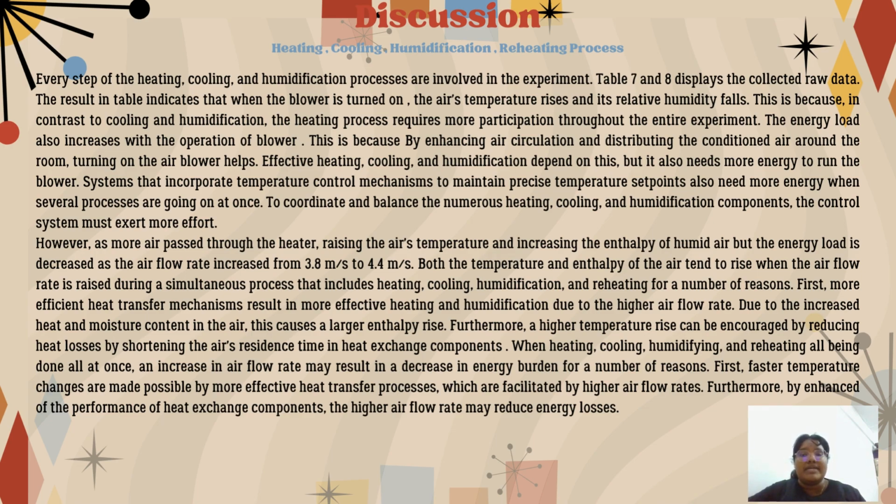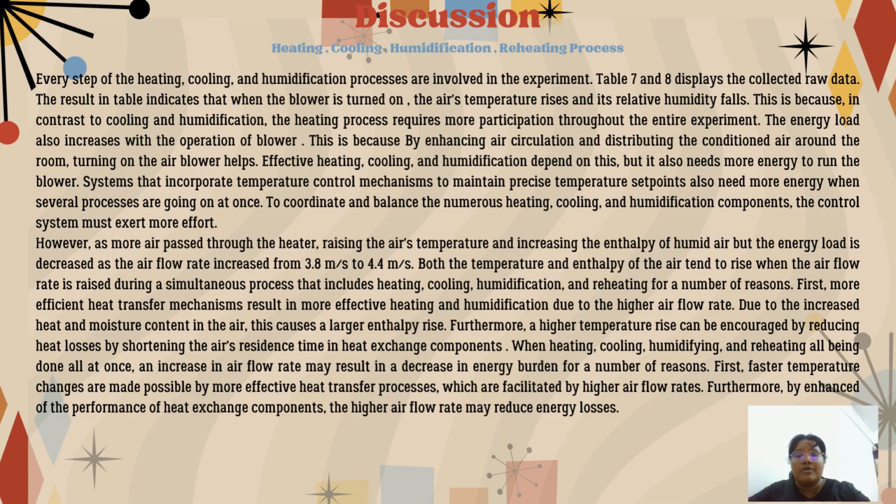Systems that incorporate temperature control mechanisms to maintain precise temperature set points also need more energy when several processes are going on all at once. To coordinate and balance the numerous processes, the control system must exert more energy, which is also more effort.